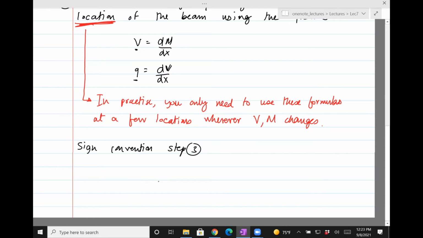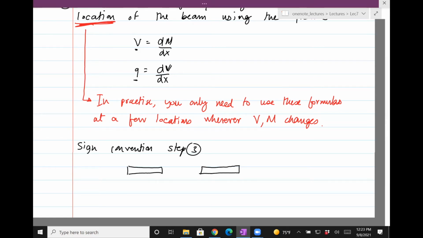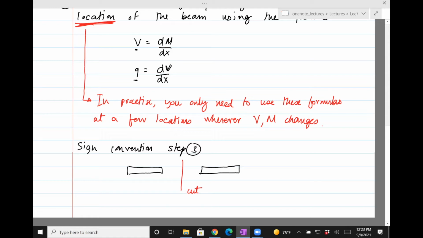When we'll be drawing shear force bending moment diagrams, you will be cutting the beam at various sections, right? And so when we draw the free body diagrams and we cut the beams, we'll either move from left to right or right to left. So here is a beam which is cut, let's say in the middle. And we can look at the section on the left side or look at the section on the right side.